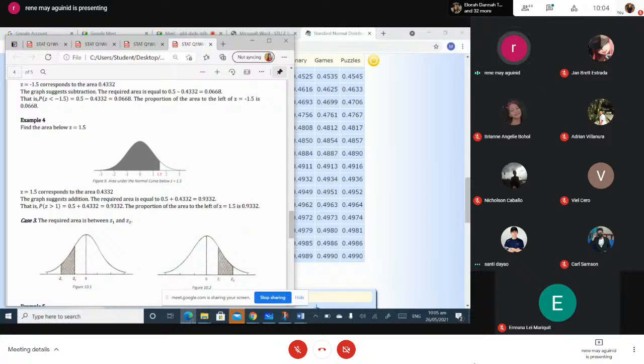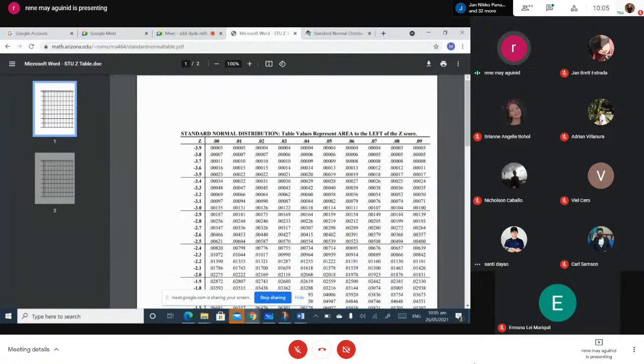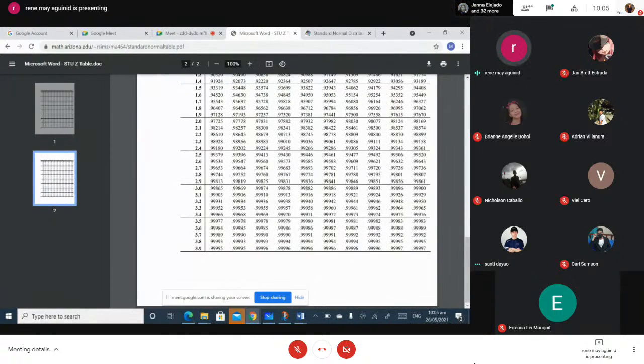And the value from 0 to 1.5 is 0.4332, so 0.9332. Pero kung gamitin nimo kaning table, diretso na siya mahatag. 1.5 is 0.9332. So, depende na siya kung asa nga table ang mas dali gamiton.